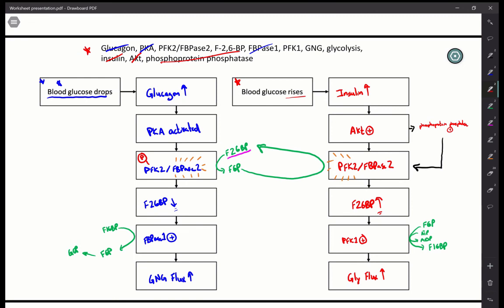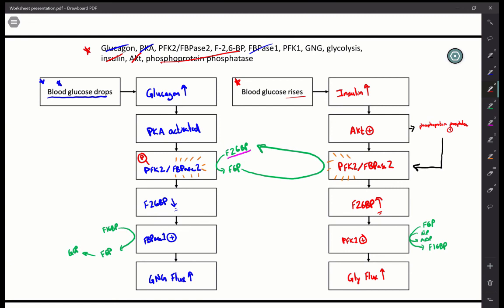Some of that glucose will also be used to make glycogen, as a store of glucose. And of course we talked about glycogen synthesis pathways as well. Glucagon, on the other hand, will cause glycogen to be broken down, and that will be something we'll look at later.